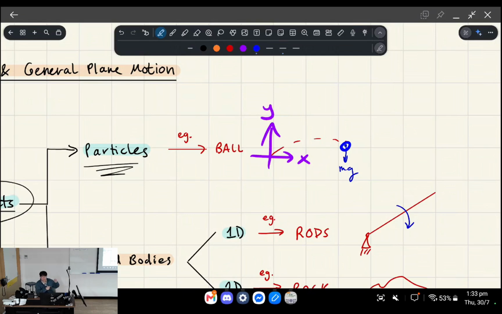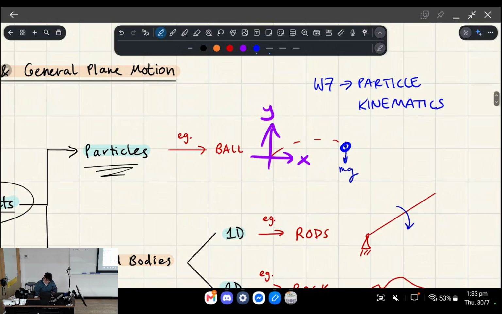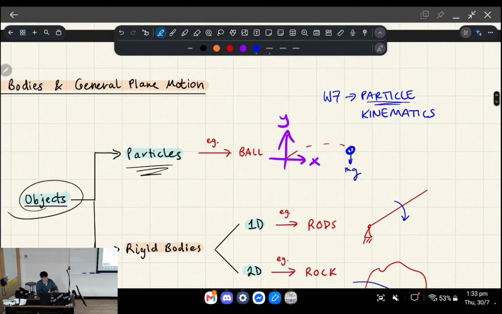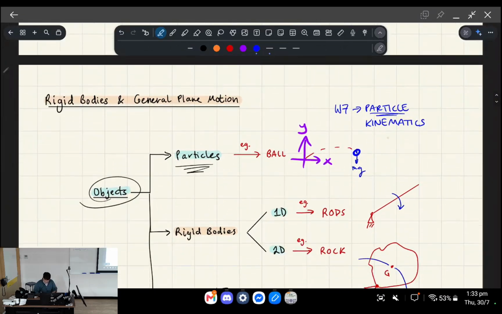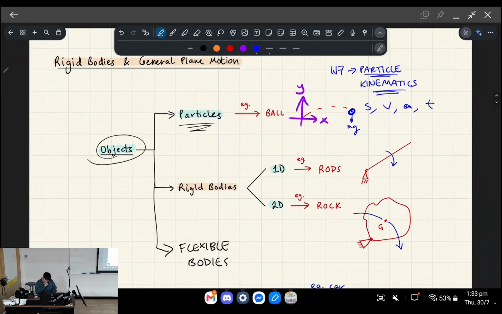It's just a point in space that's moving. And when we were doing particle kinematics in week 7, all that really means is we're treating our physics object as a particle, so we don't care about its dimensions, we just care about its spatial coordinate and how it's going to move. So kinematics refers to V and A and S and T and all that, right?